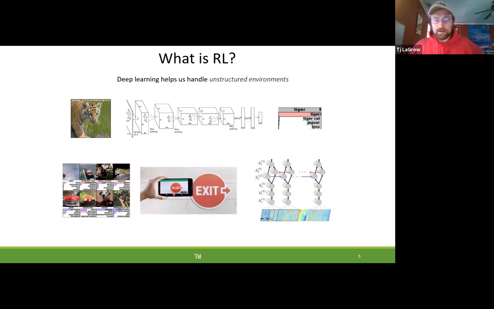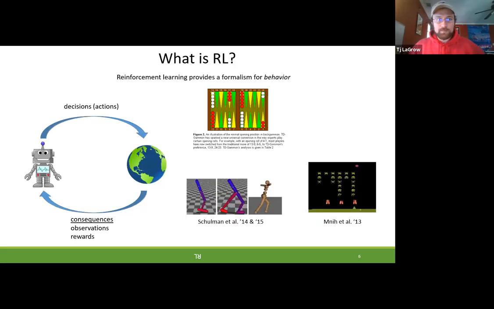As a couple of examples, these are either the Atari games or different types of backgammon games, or real life examples of a walking problem where the agent will make a decision on the environment, which has consequences with the observations and the reward, and then iterate through this loop.